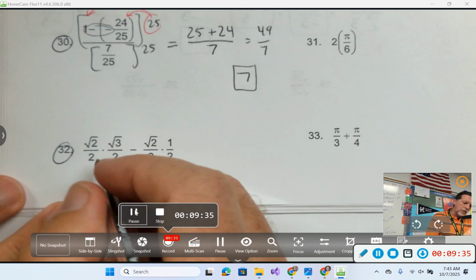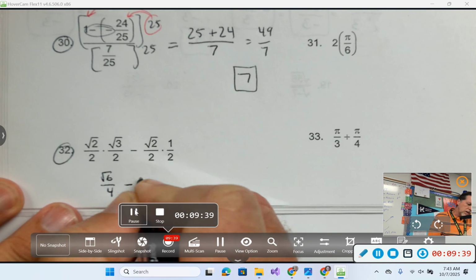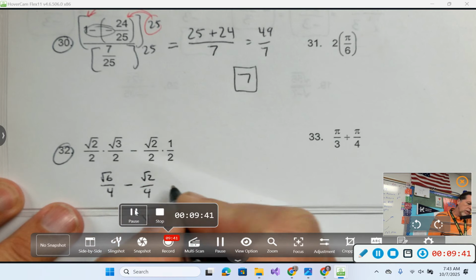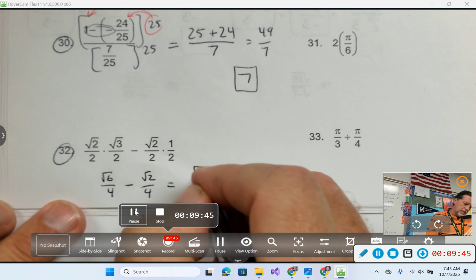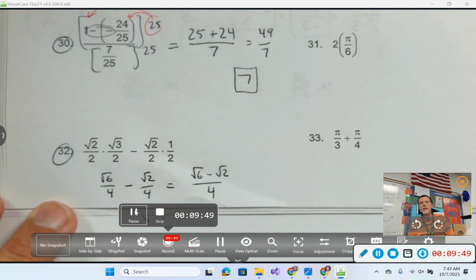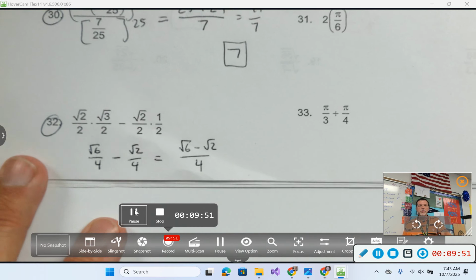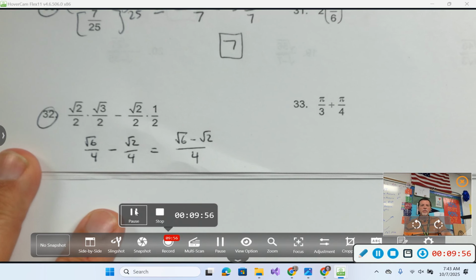32, again, if you know how to multiply fractions, root 6 over 4 minus root 2 over 4. That's nice. They already have a common denominator, so just root 6 minus root 2 over 4. What about 33? How would we get a common denominator for 33?